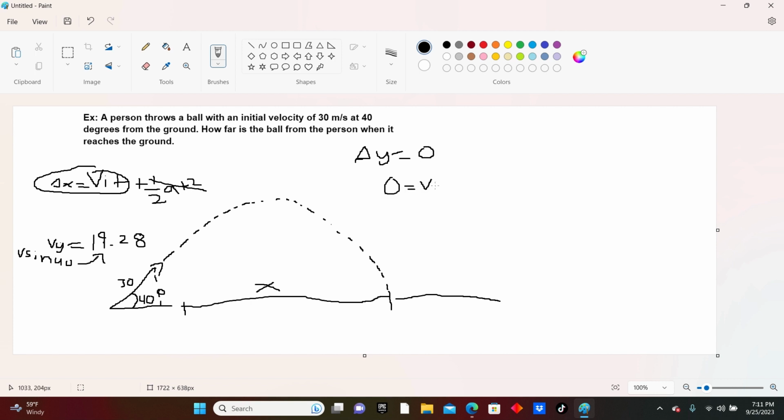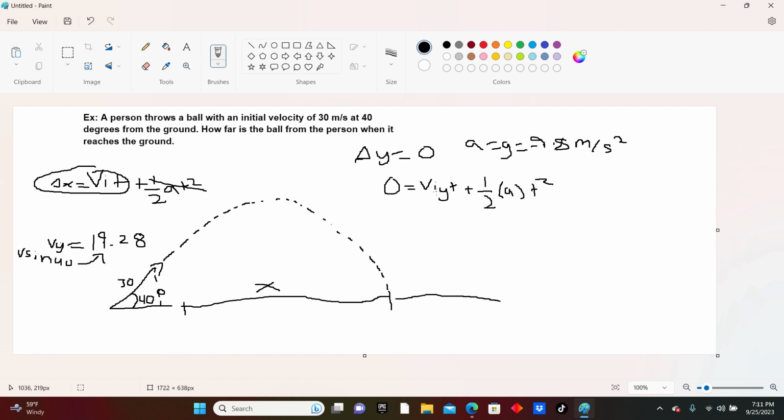So 0 equals viy t plus 1/2 a t squared. And since it's in free fall, our acceleration a is just equal to g, which is negative 9.8 meters per second squared. Before we plug in any values, let's manipulate this equation to make it easier.